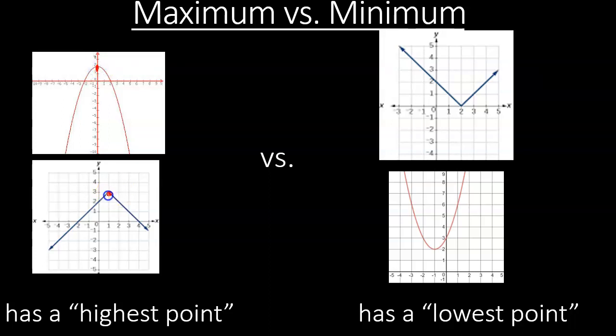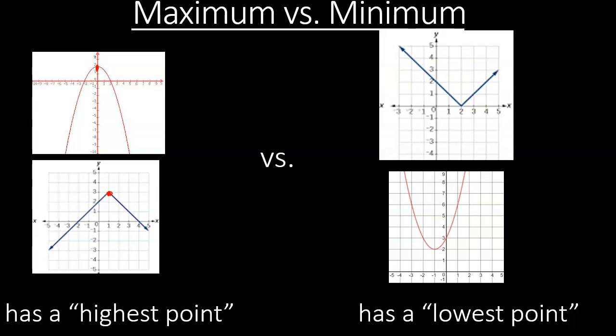This is the highest I can go on this graph. Sometimes we might just ask you, does it have a maximum or a minimum? And you would say yes, maximum, or no, minimum, or both, whatever it may be. And then sometimes we may ask you, what is the maximum? What is the minimum? So if I asked you what is the maximum here, you would say, oh, it's 3. Or, oh, it's 2.